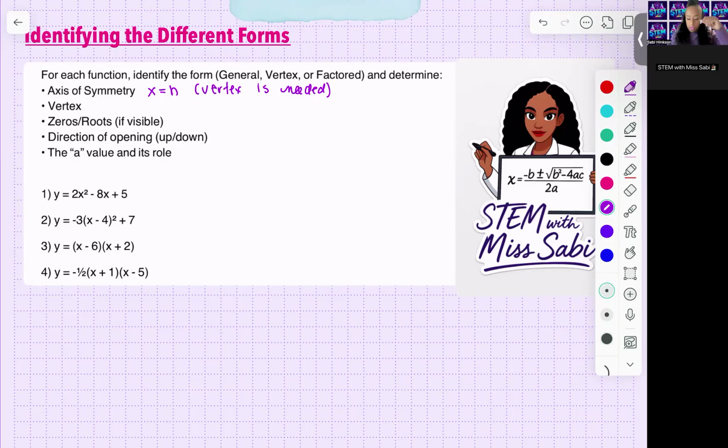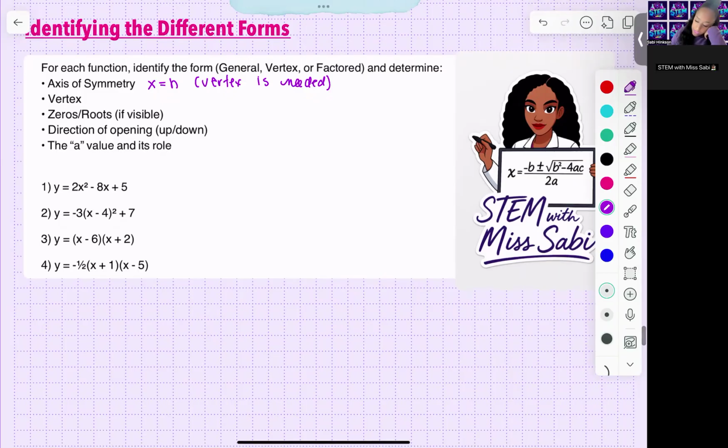I'm not going to do all that, but let's name all of the different ones. This, for example, is general form. If you remember correctly, general is y equals ax squared plus bx plus c.